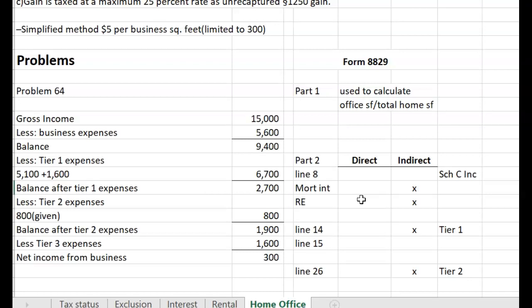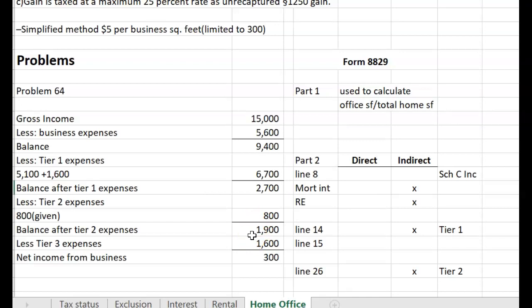So in this case, we had $2,700 after subtracting the mortgage interest dedicated to the office, and our other expenses, which were considered indirect, is $800. Okay, so after subtracting the 800 from the balance after the tier 1 expenses, we have $1,900.